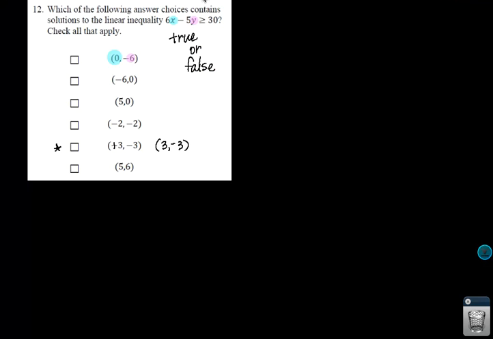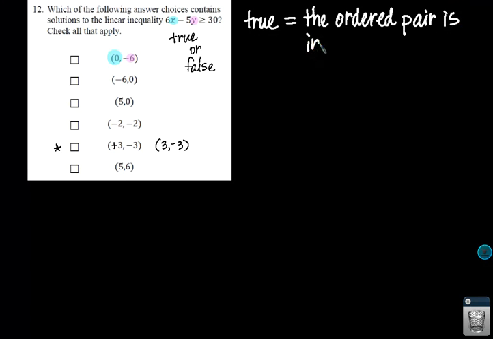If we get true, then that point is a solution.